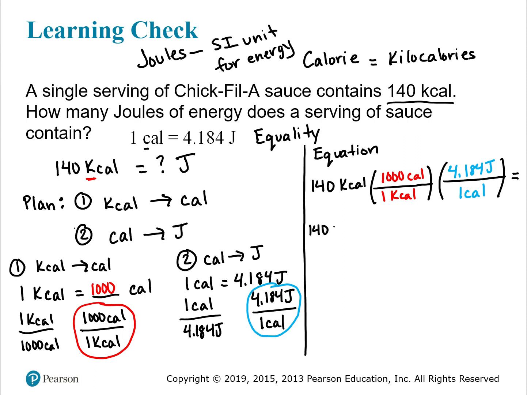For your calculator, that's what you're putting in. Go ahead and try it. And for this problem, we can only have 2 sig figs. 140 only has 2 sig figs.